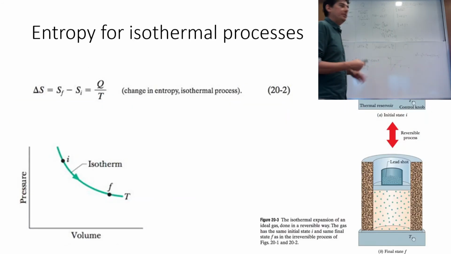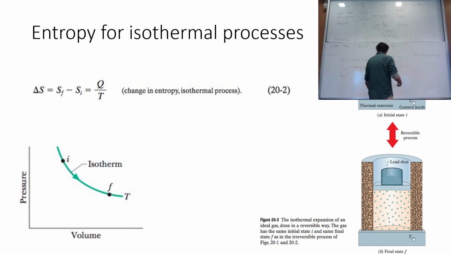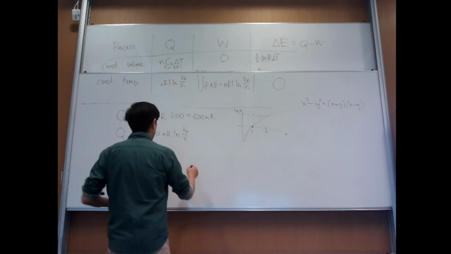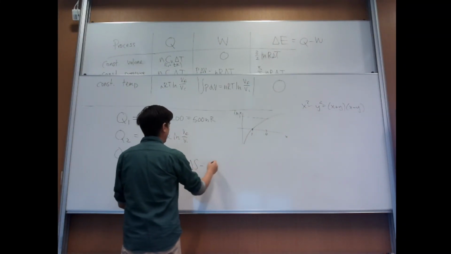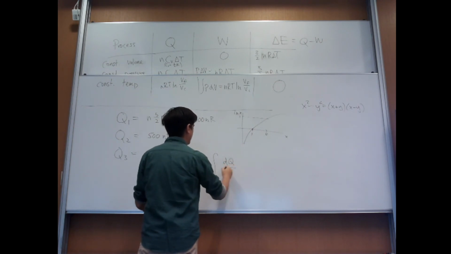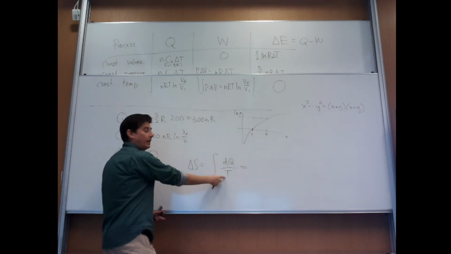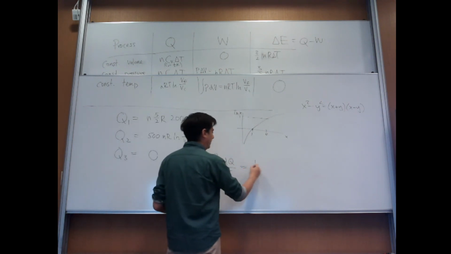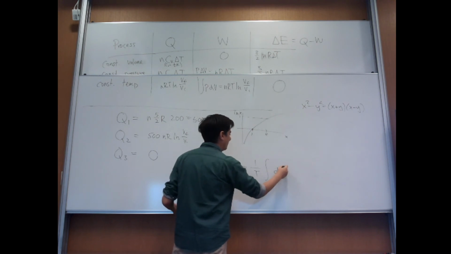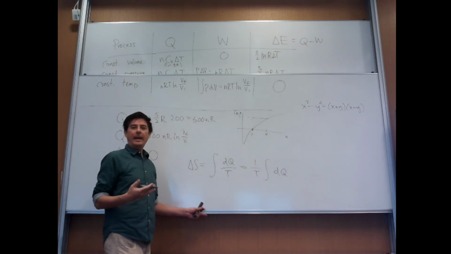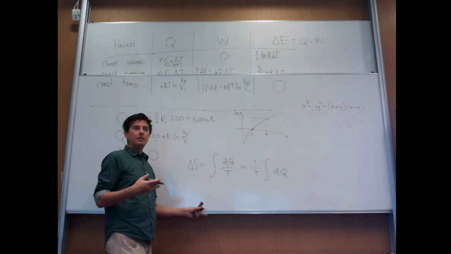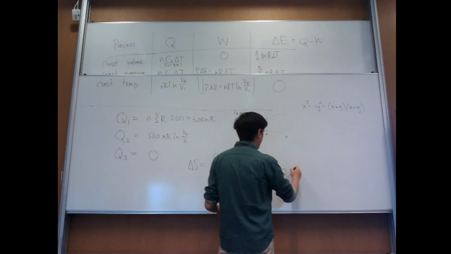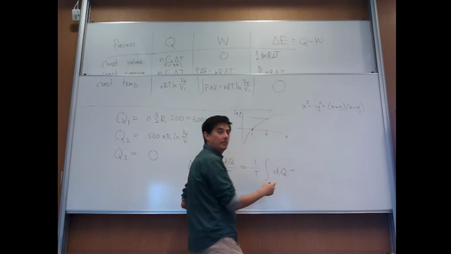But for an isothermal process, this change in entropy is the integral of dQ over T. Because it's an isotherm, the temperature along this path is always the same, right? So actually this temperature can come out of the integral. And then we just have to add all the heat elements that go in or out each time you go along the path, and that's just the total heat, right?